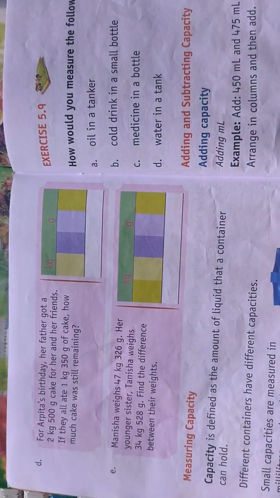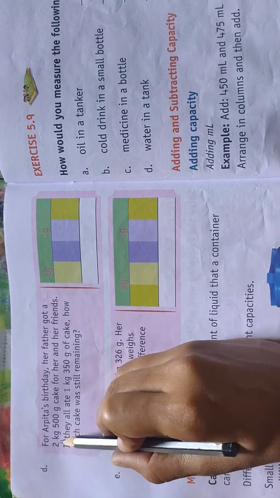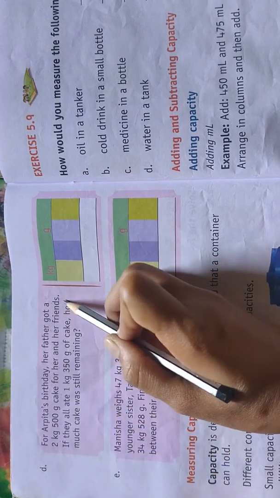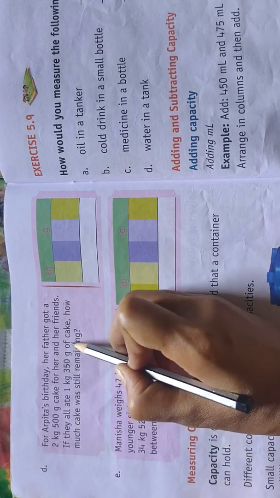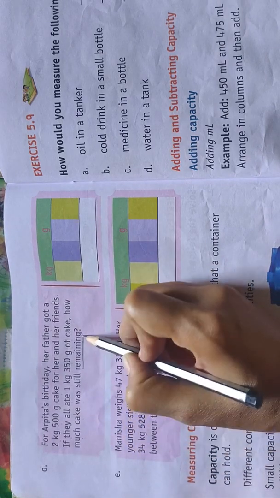Now next is given D. For Arpita's birthday, her father got a 2 kg 500 gram cake for her and her friends. If they all ate 1 kg 350 gram of cake, how much cake was still remaining?